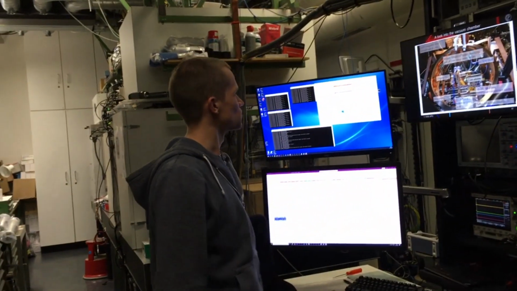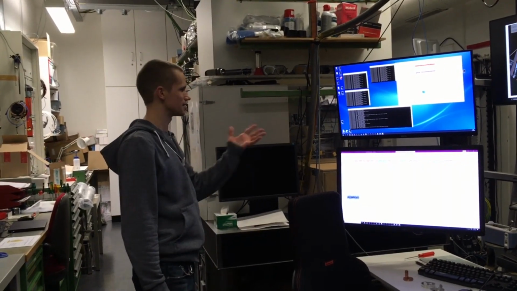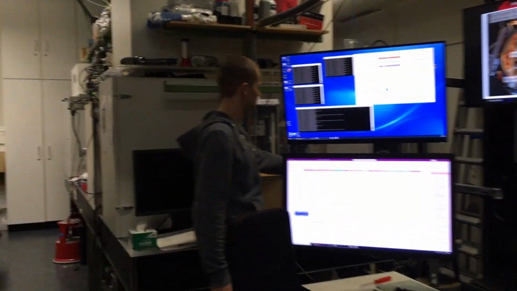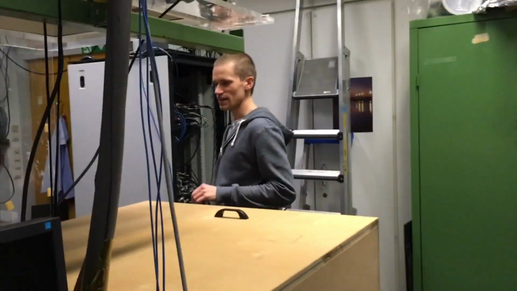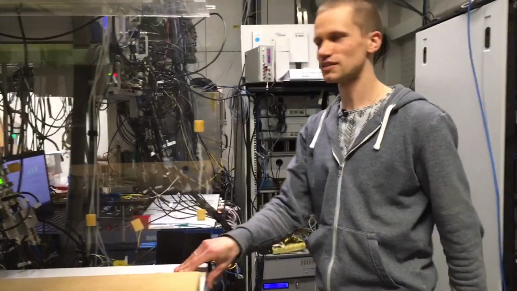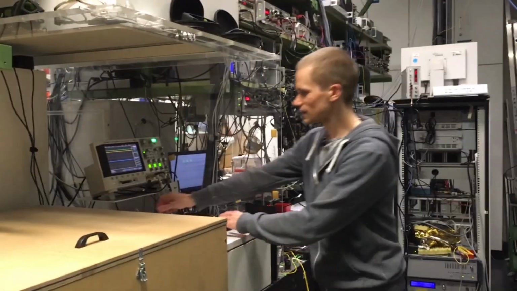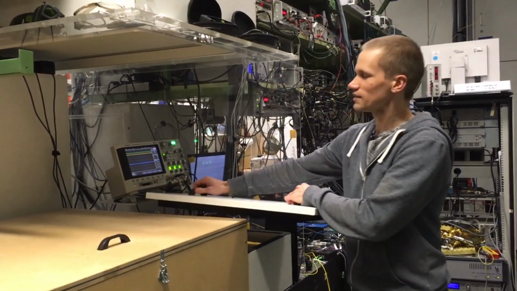Okay, so with this, let me turn to another important part of our lab. These are the lasers, and all of our lasers are basically built the same way. We start with a laser in the infrared. For example, for the 2S-nP laser, the master laser is in the infrared at 820 nanometers.